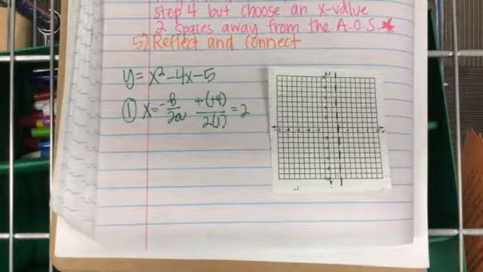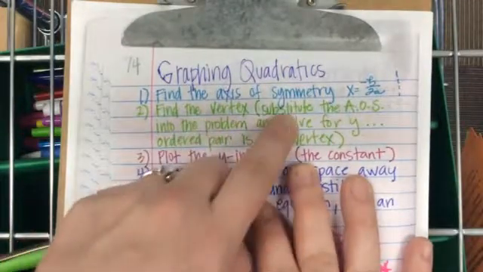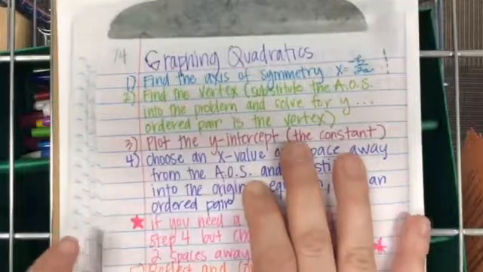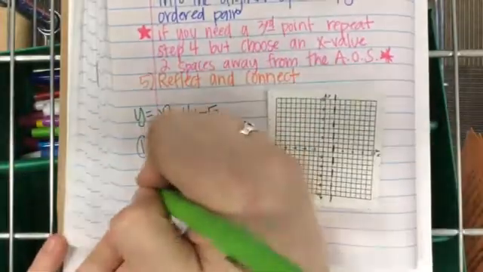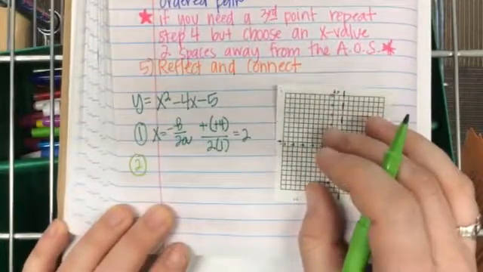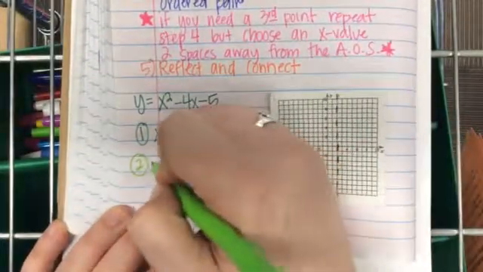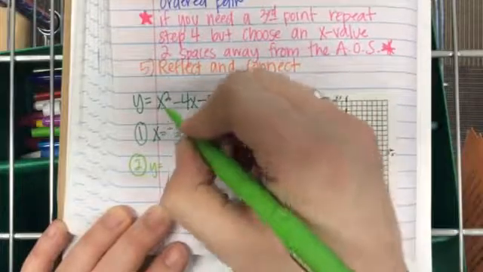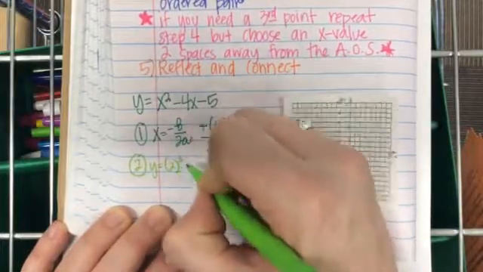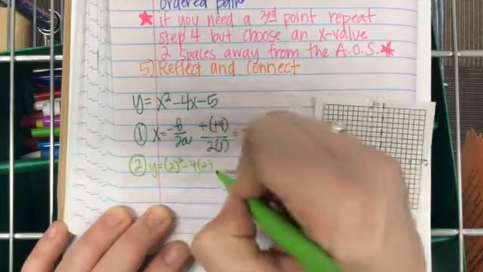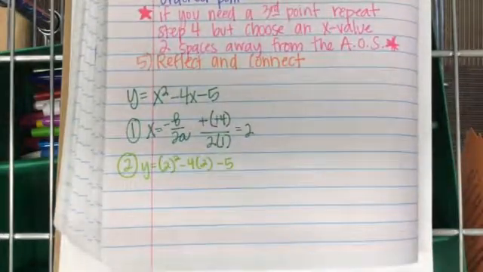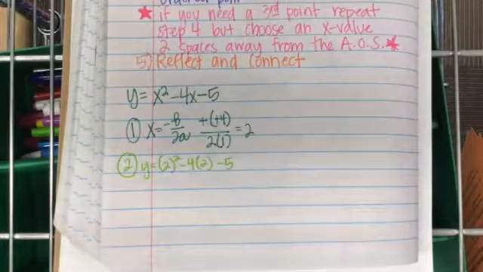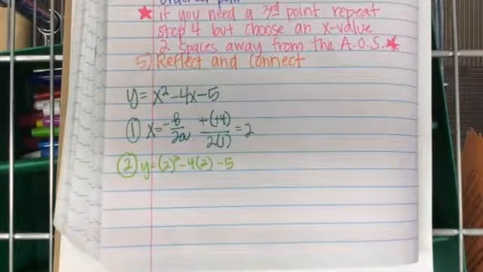Then I move on to step 2. Find the vertex. Substitute the axis of symmetry into the problem. Y equals, instead of x, I'm putting 2 squared minus 4 times 2 minus 5. Is that right? What's 2 squared? 4.